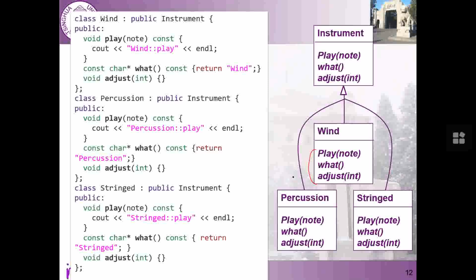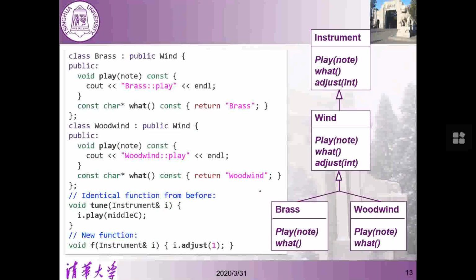And then we also have percussion and stringed. These classes also override those virtual member functions. And then we define even more for wind. We have brass and woodwind. The difference is that in brass and woodwind, we only override play and what. We don't override adjust. Right? Adjust is not overridden.